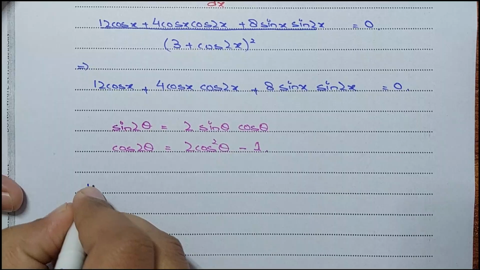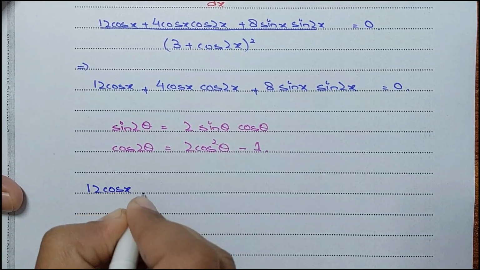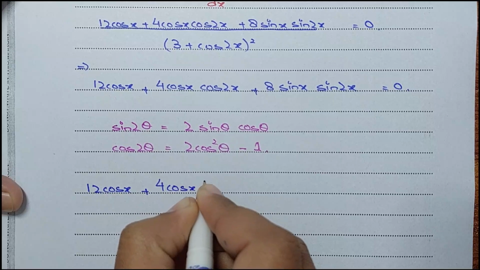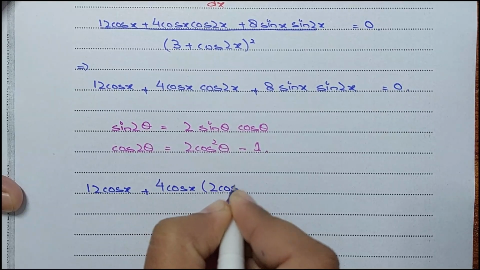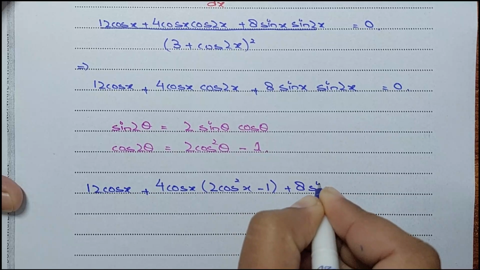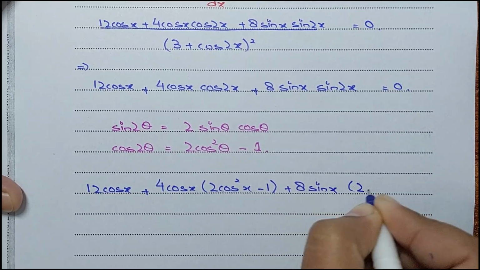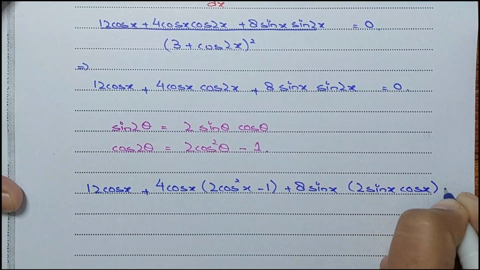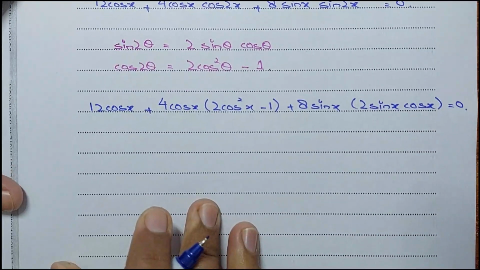Okay. So 12 cos x is as it is, plus 4 cos x times cos 2x, which becomes 2 cos square x minus 1, plus 8 sin x as it is, and sin 2x is 2 sin x cos x, equals 0. Let me simplify it further.